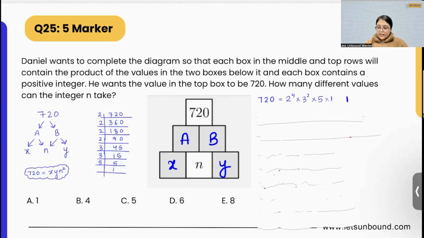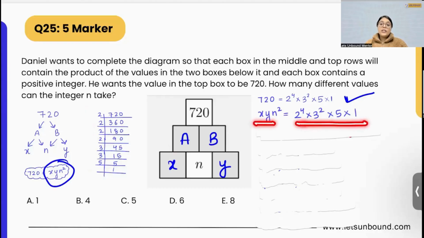Okay, so you can see here. Now, since 720 is equal to xyn square, obviously I can put xyn square equal to the prime factorization. Now our task is, if I compare both sides, to figure out what the possible different values for n are.